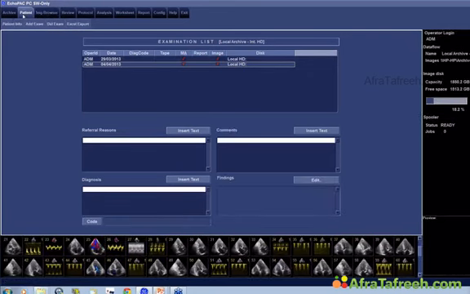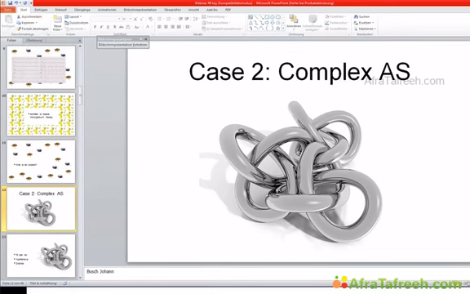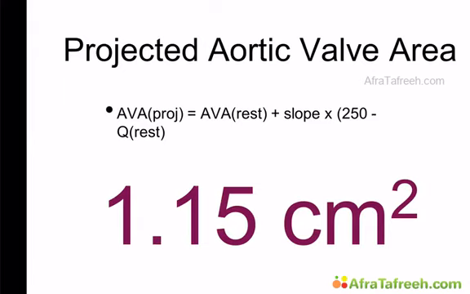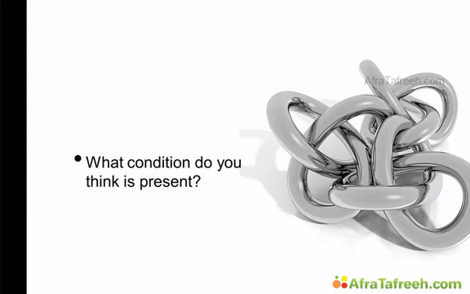So let me now go back to my slide presentation and show you the values, which you cannot see for some reason. In any case, it does not make a difference.